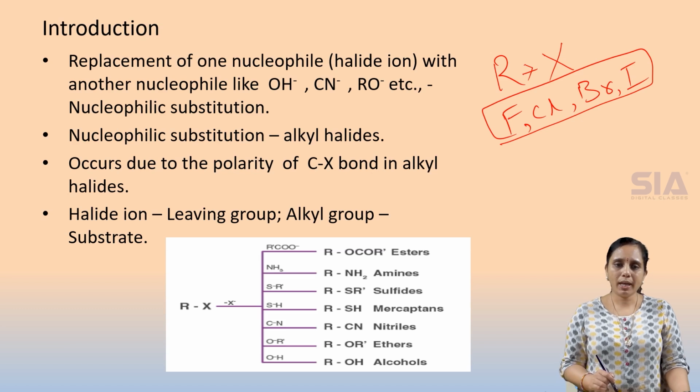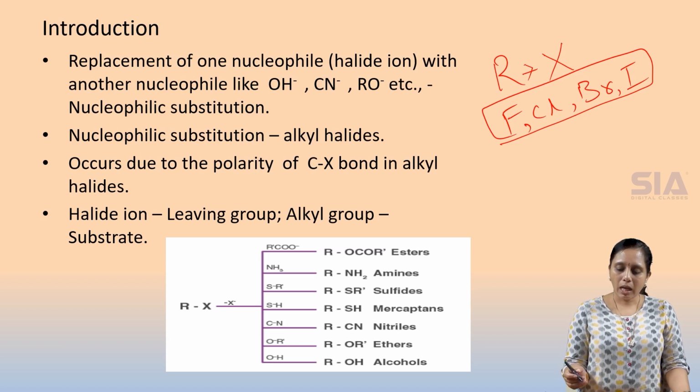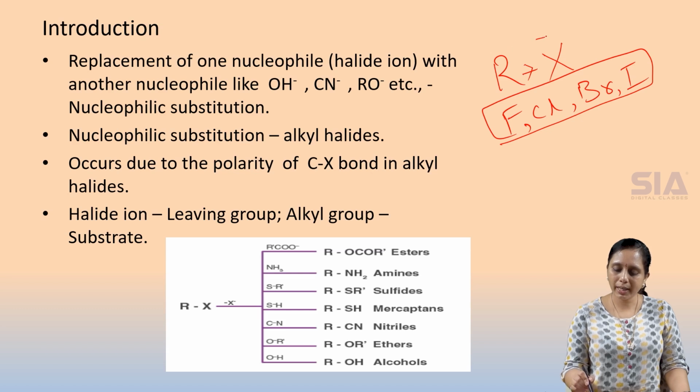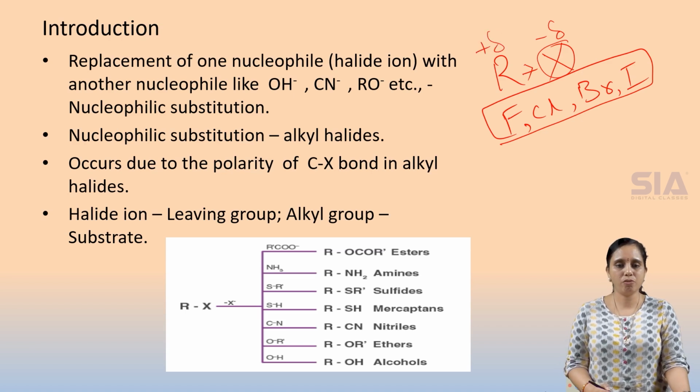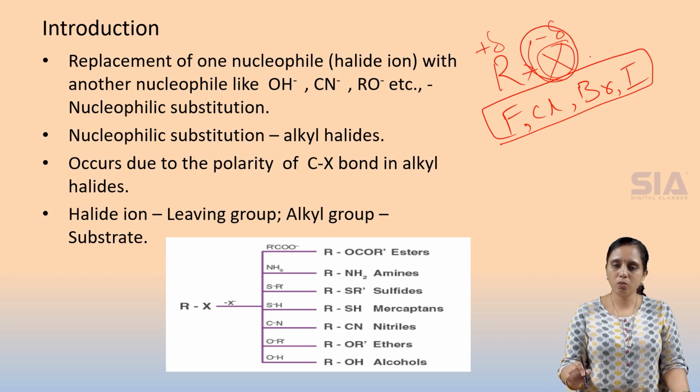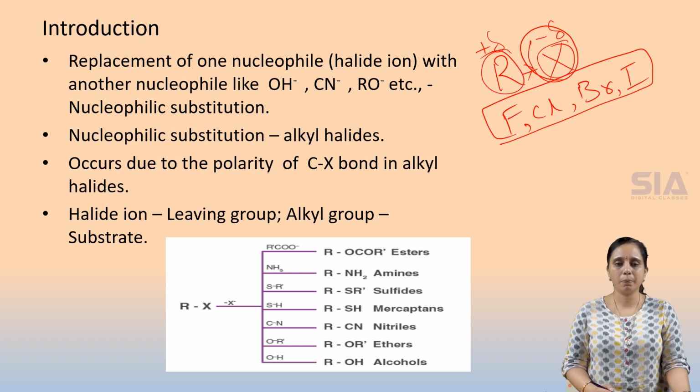Due to this polarity, alkyl halides are polar molecules, with a small negative charge on the halogen atom and a small positive charge on the alkyl group. So the halogen atom will easily become a leaving group, and the alkyl group is called the substrate here.